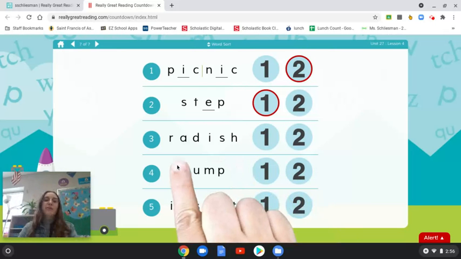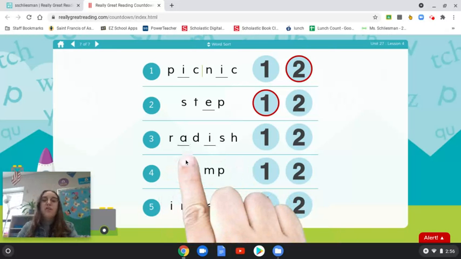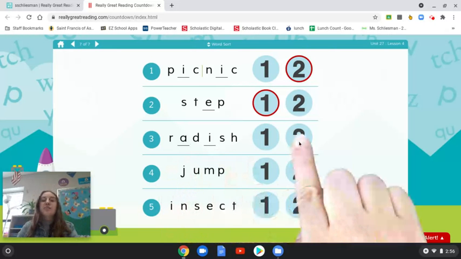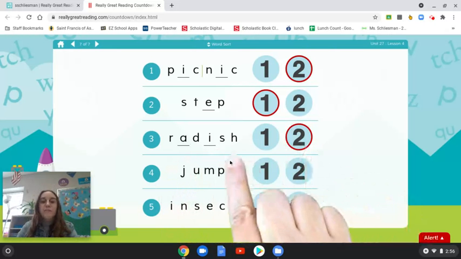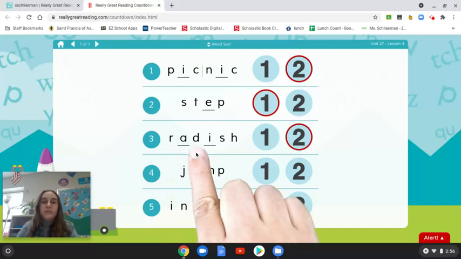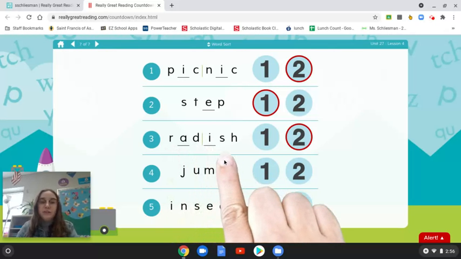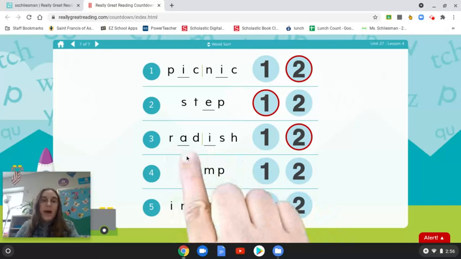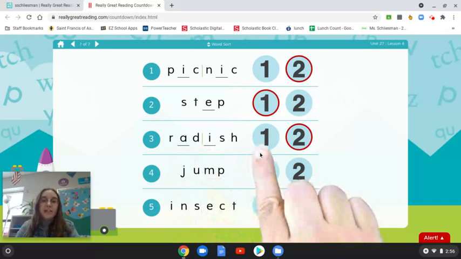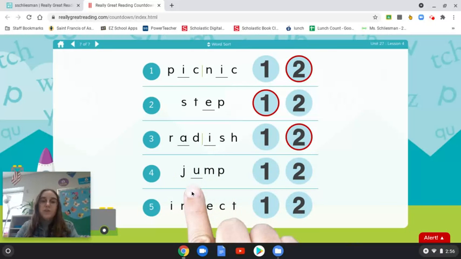Let's check our work. Number 3, there are 2 vowels and there are 2 syllables. Now I have to close the vowels, so right here I'm going to draw my line to divide my 2 syllables. Radish. Number 4 has 1 vowel and there is only 1 syllable.